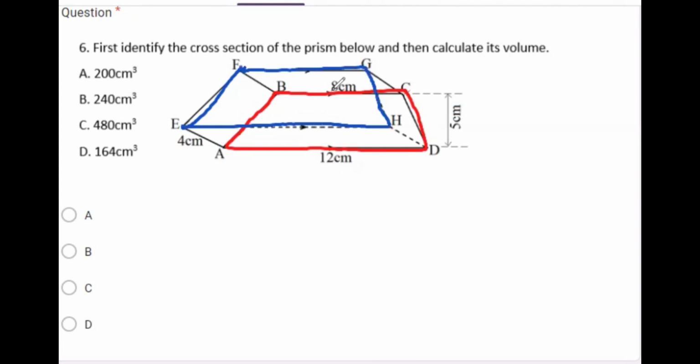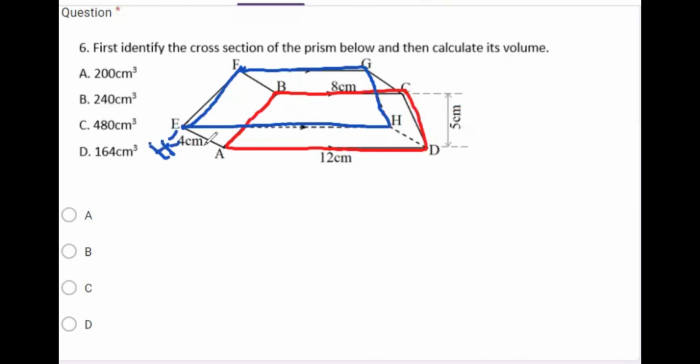The two of them are of equal size and are equally spaced. The gap between them, since FB is the same as GC, the same as HD, and the same value as EA, is the height of the prism. The height of the prism in this case is 4.